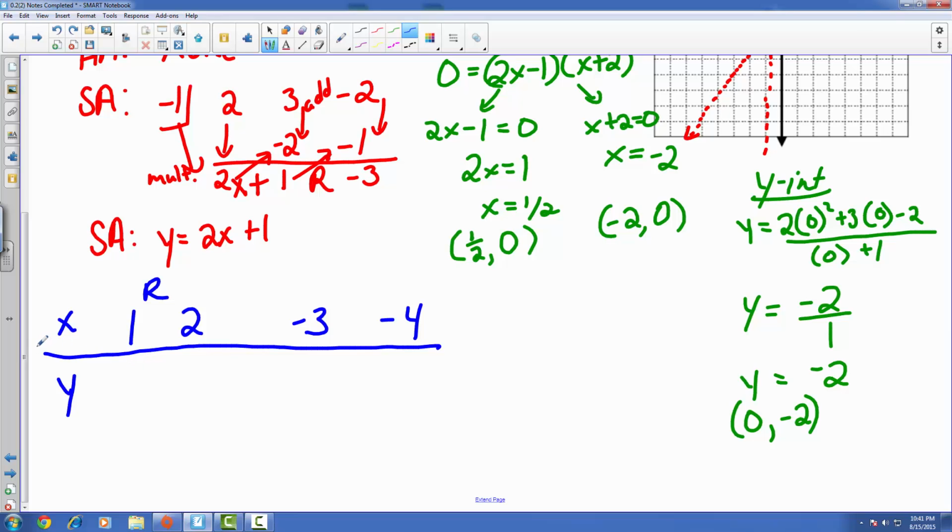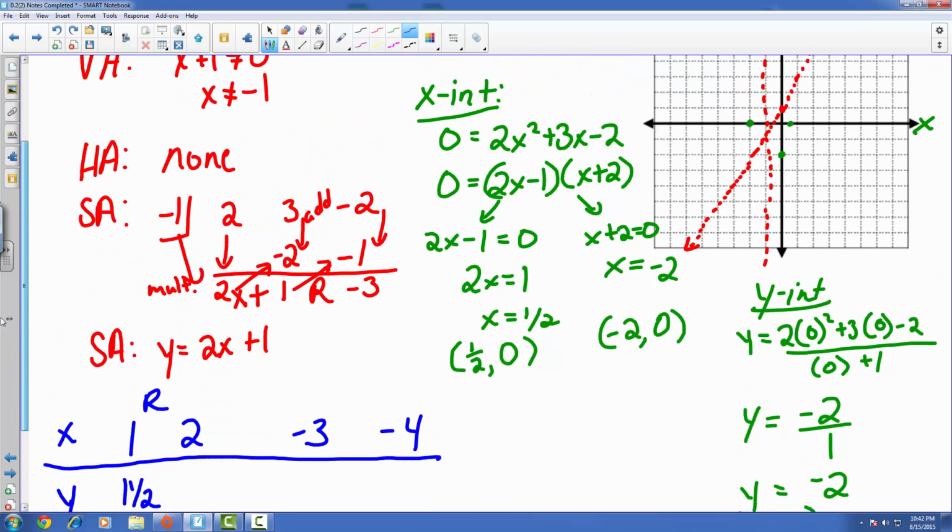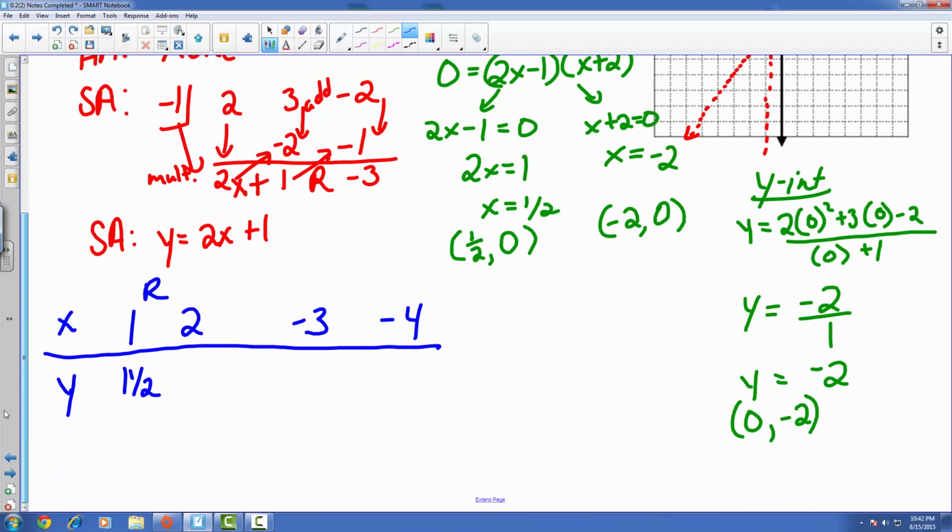So when we plug 1 in, we end up with 1 and 1/2. And again, you can plug and chug. When you plug 2 in, you should end up with a y value of 4. When you plug in -3, you should end up with -3.5. And when you plug in -4, you should get -6.